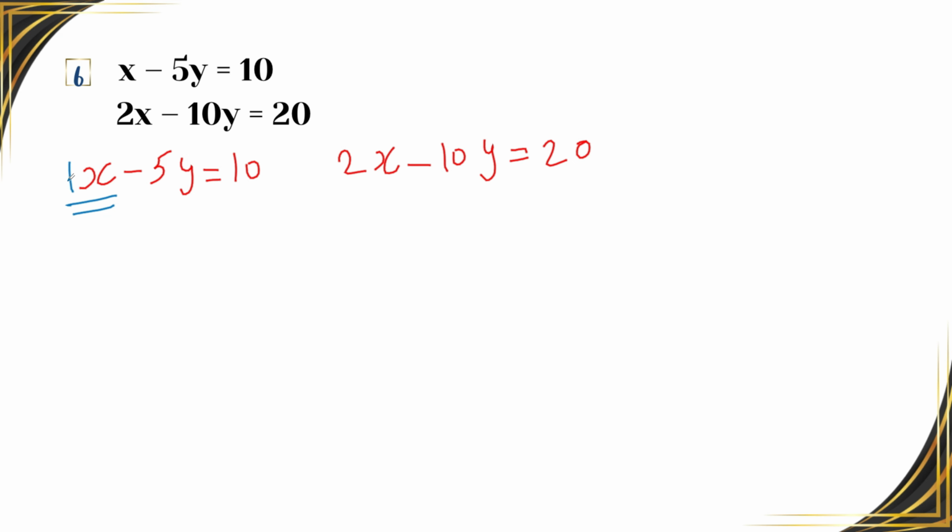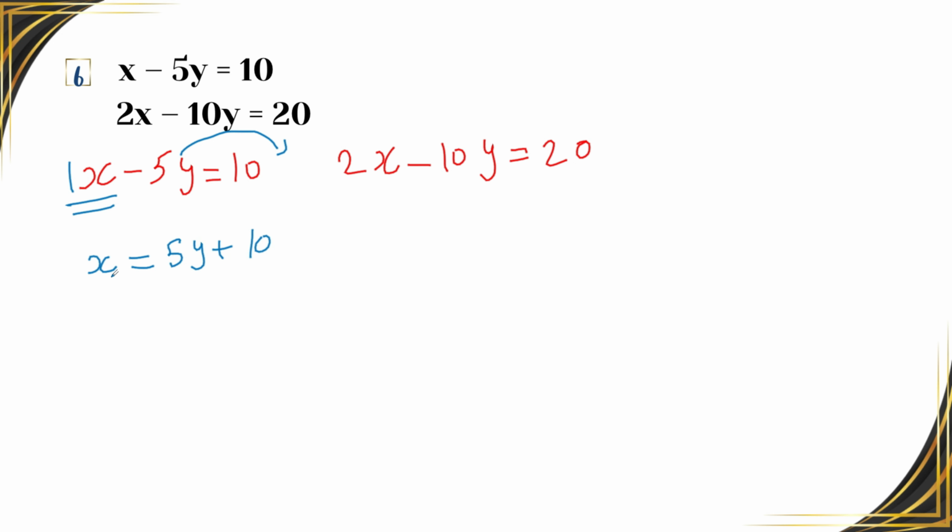How? Just move this 5y to the other side, and you finish isolating variable x. The negative 5y will be positive 5y on the other side, and this is positive 10. Done.